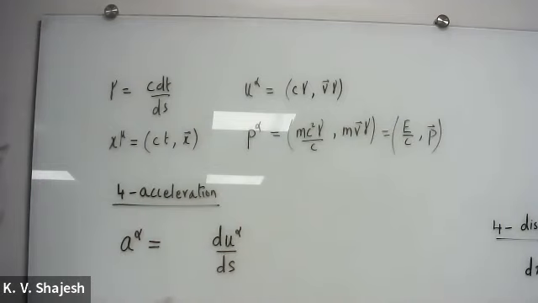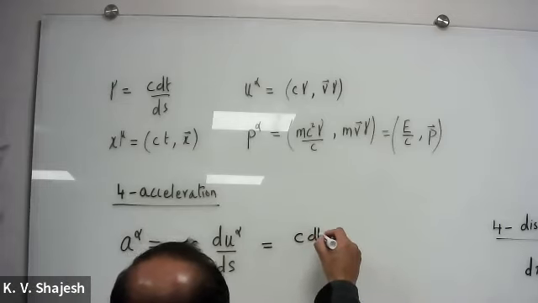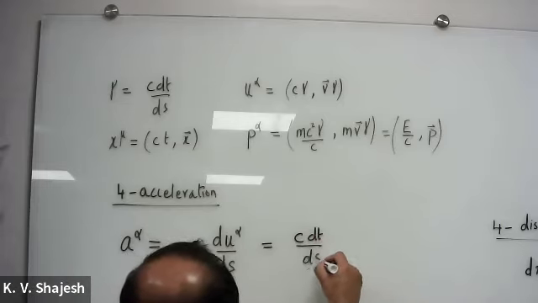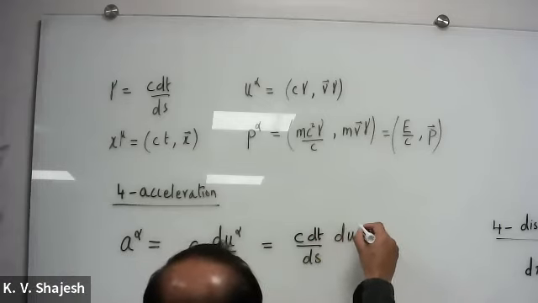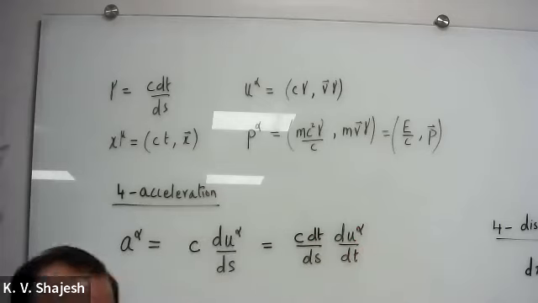I won't multiply by c, because that doesn't have the units of acceleration; that's velocity, this is distance. That's just for dimensional reasons. Okay. Use the chain rule, and you say this is c dt over ds, and you have du alpha over dt.